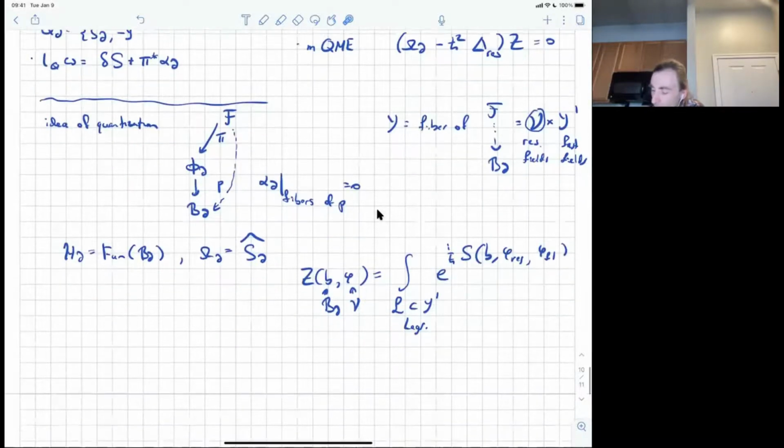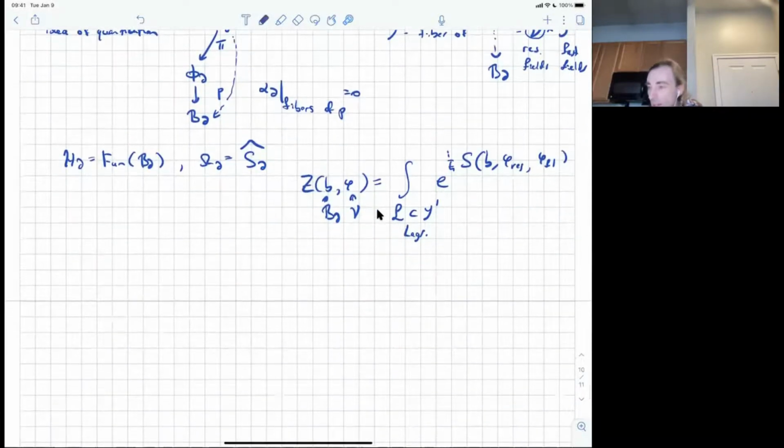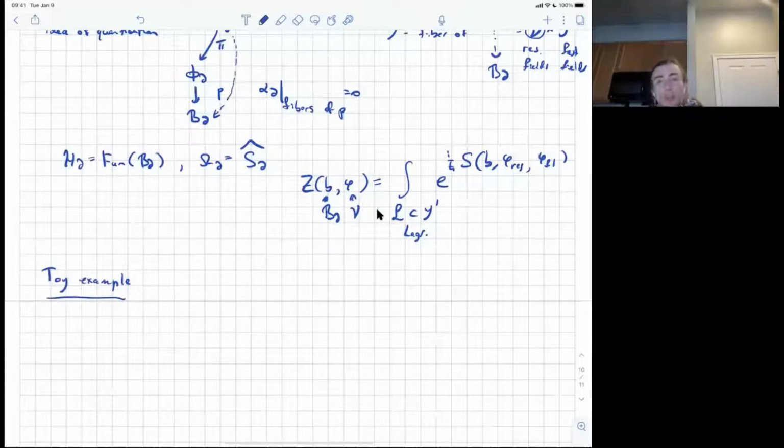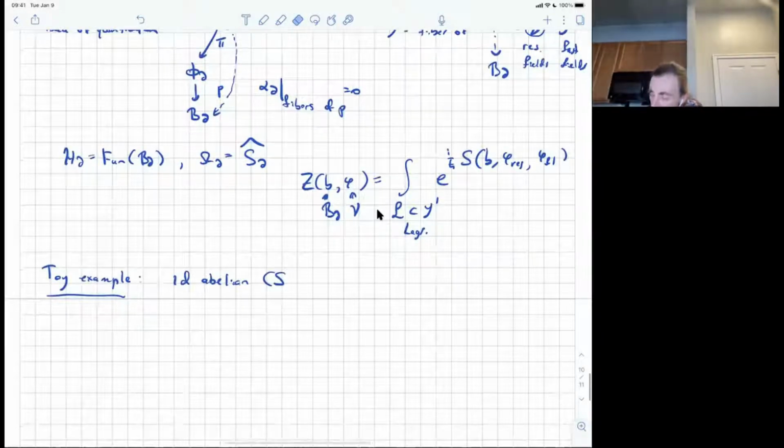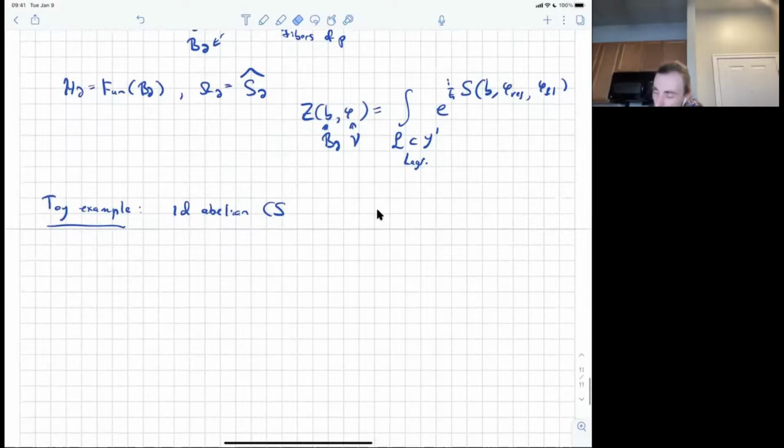Now, let me transition to a very, very trivial example, which will lead us to Chern-Simons on cylinders. So, one-dimensional abelian Chern-Simons. So the space of fields.